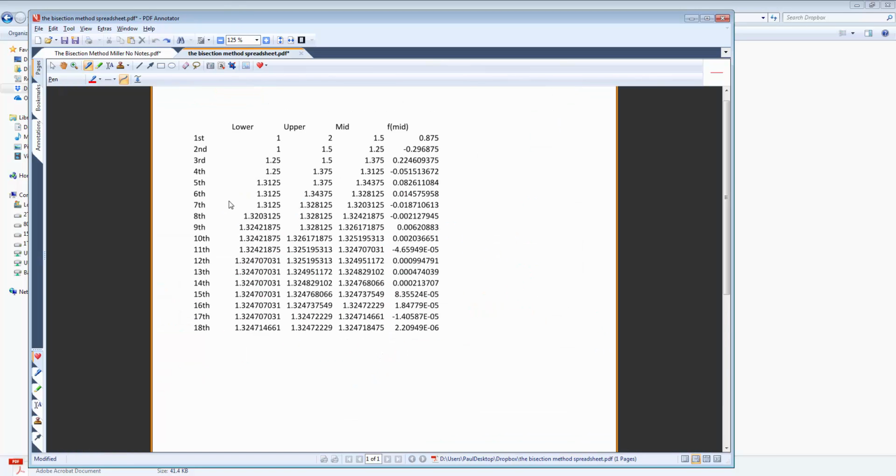Okay. Now if we look here, these will be the exact same values. The lower bound was 1.320. The upper bound was 1.328. Now let's examine what happens on the 9th, 10th, 11th, 12th and 13th pass. On the 9th pass it came up as 4 and 8.